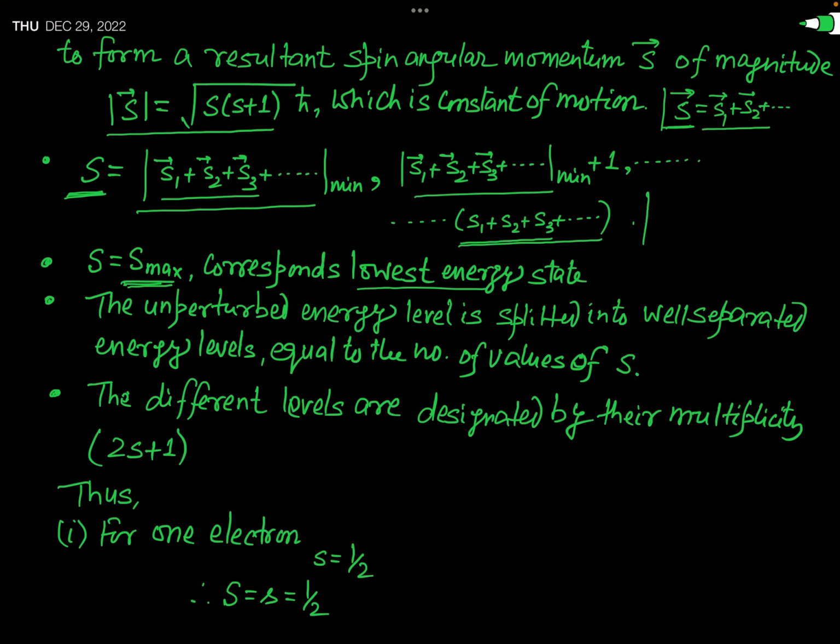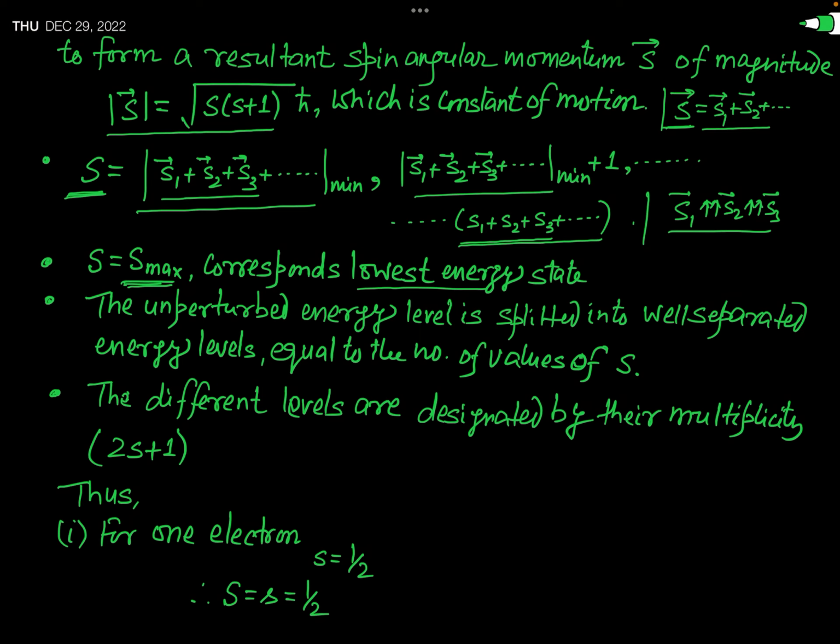And the resultant of vectors is equal to the sum of the magnitudes of the vectors only when all these vectors are parallel to one another. So in this condition, S1 is parallel to S2, this is parallel to S3, and so on. And if all the spins are parallel, then the energy is at its lowest value.